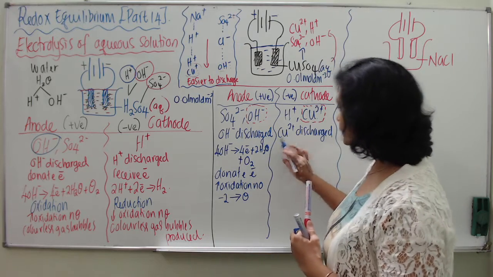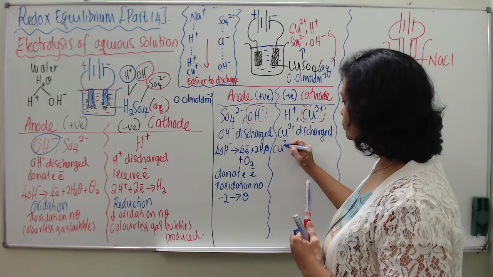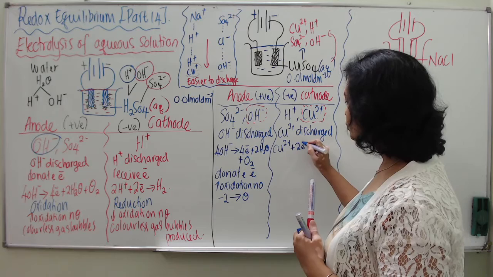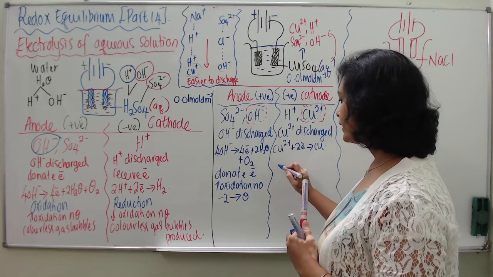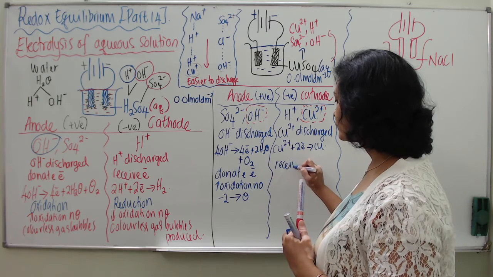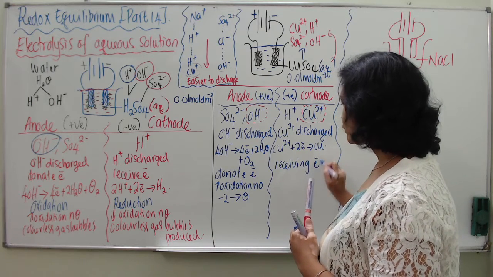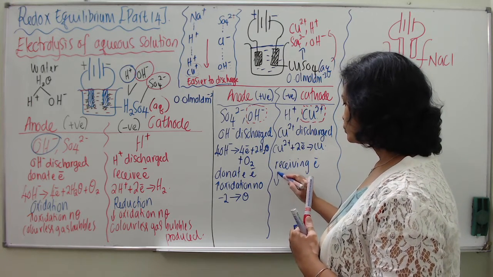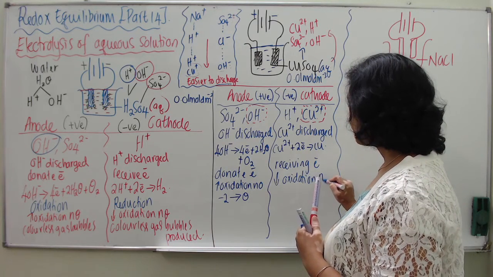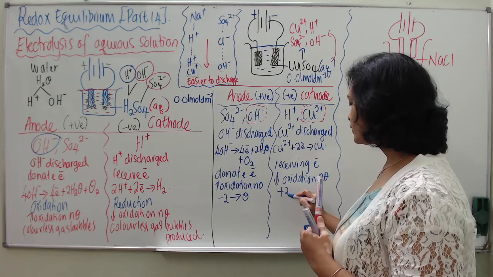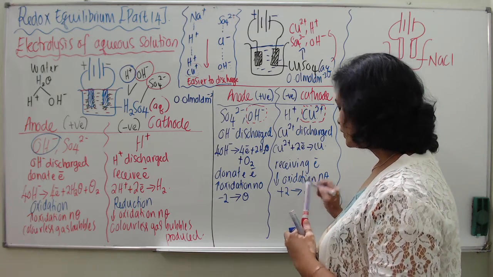Okay, now here look at copper. Copper 2 ion will receive 2 electrons to become copper metal. So technically it is receiving electrons, reducing oxidation number, from +2 to 0.